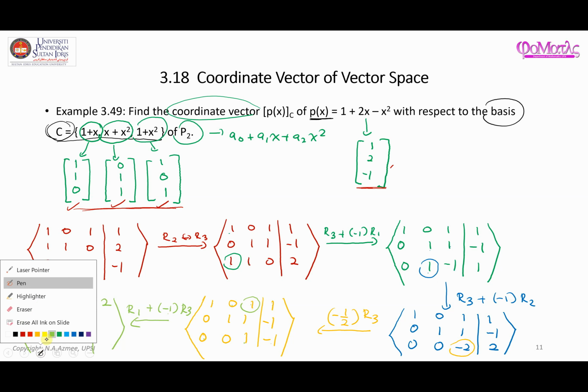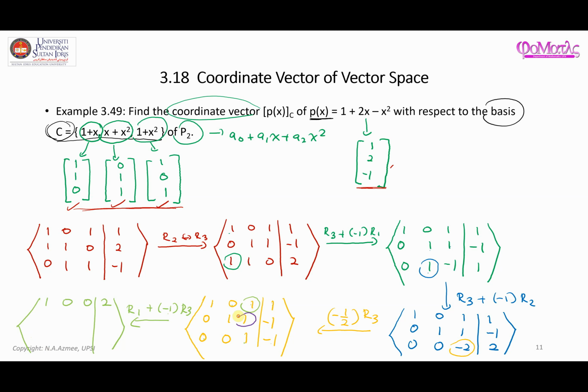Next I can change this value also to be 0. That will be R2 plus negative 1 R3. 0 plus 0 is 0, 1 plus 0 is 1, 1 minus 1 is 0, negative 1 plus 1 is 0.